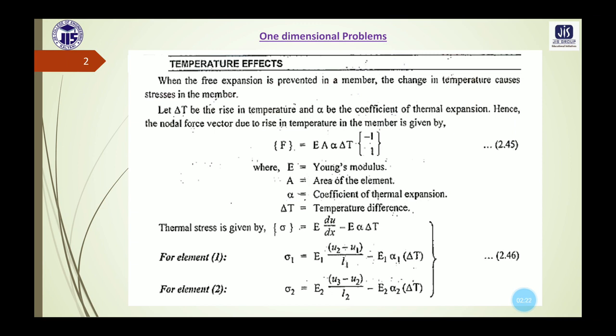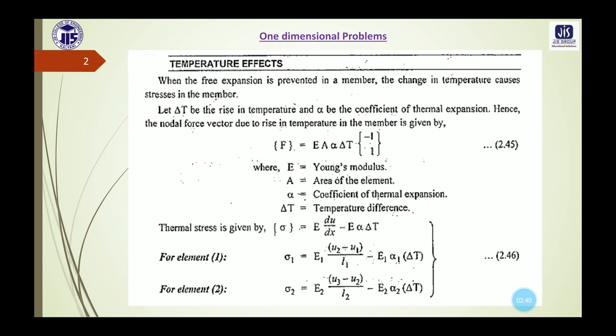In this equation, capital E is the Young's modulus, then capital A is the area of the element, alpha is coefficient of thermal expansion, and delta T equals to temperature difference.